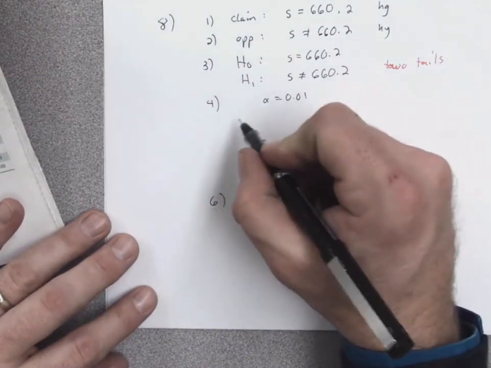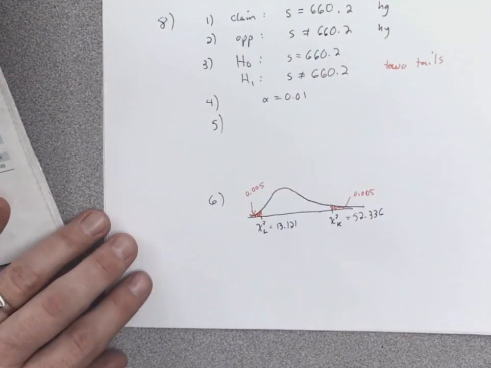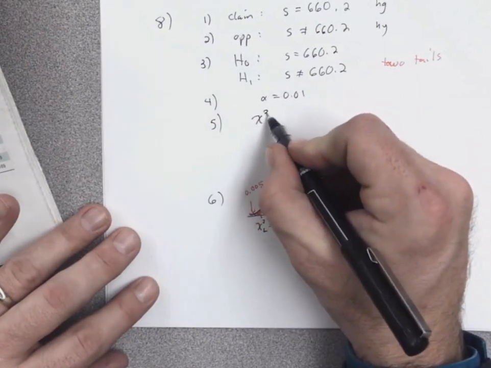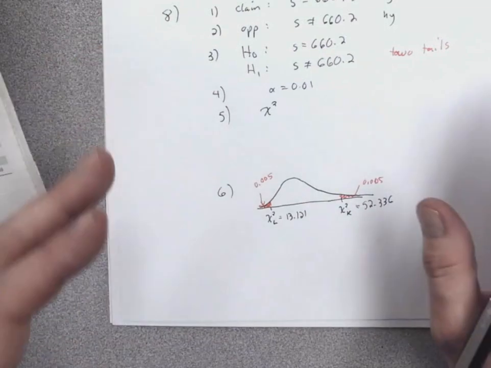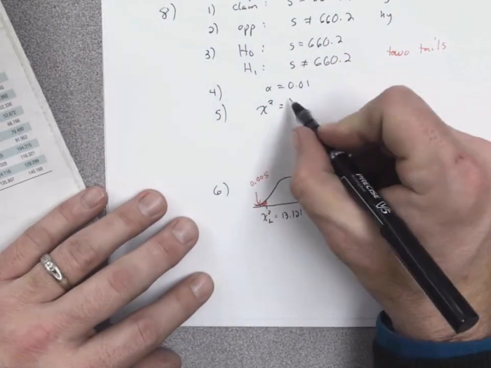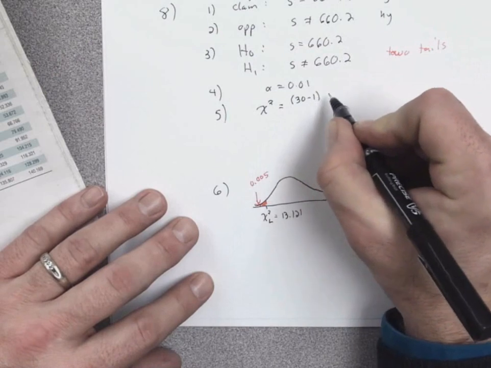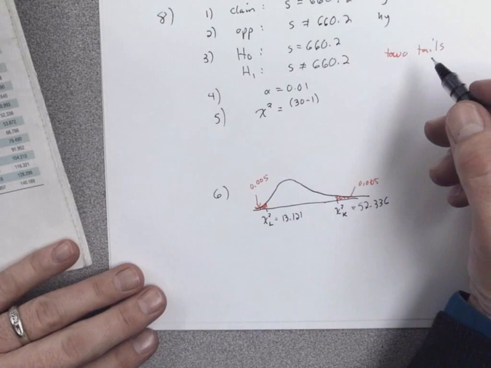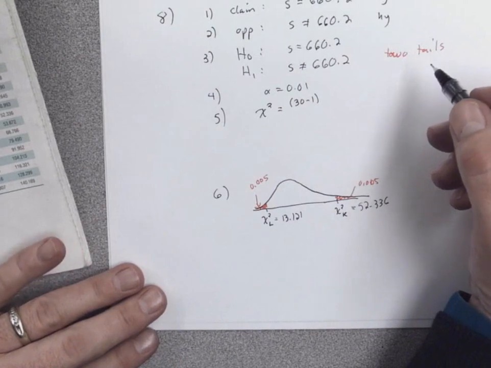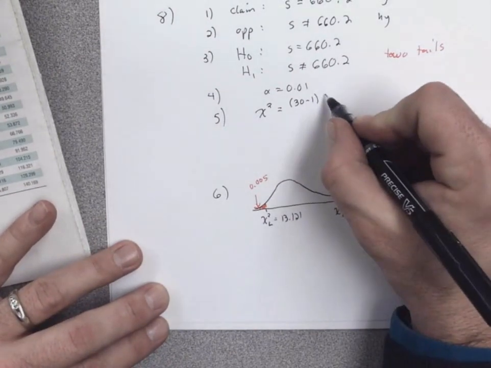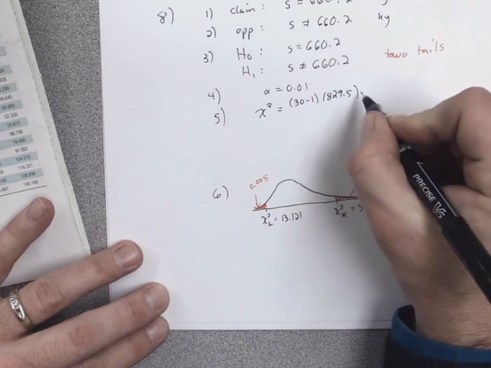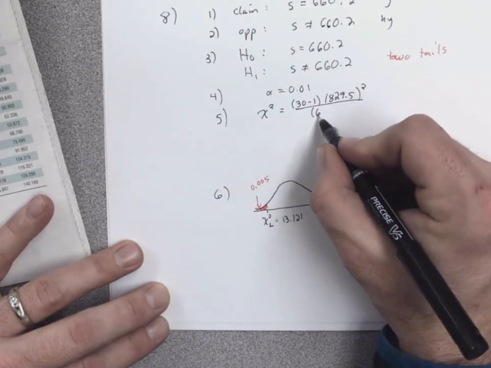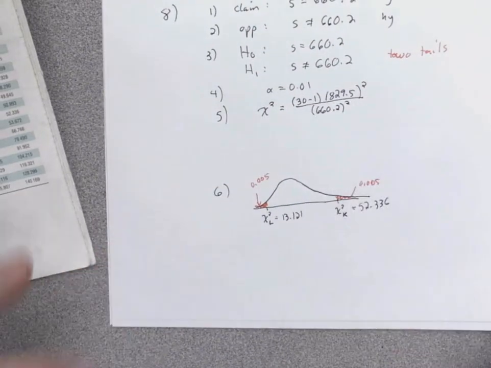So to do our test statistic, we need to know if that lives inside here. So what I'm going to do is find my chi-squared. Remember, chi-squared, you don't have to square anything, it's a label. So chi-squared is going to be equal to n minus 1, so 30 minus 1, times the standard deviation of the sample, s, which is 829.5 squared, divided by sigma squared, which is the claim squared, so 660.2 squared.